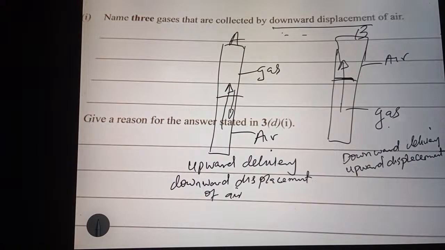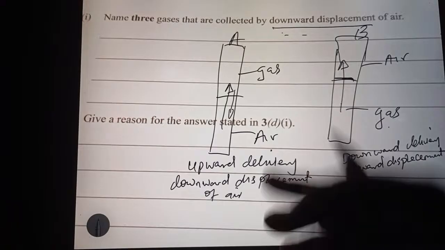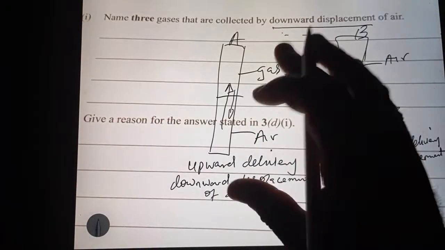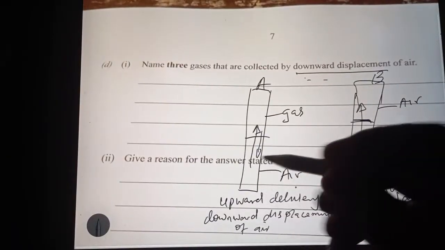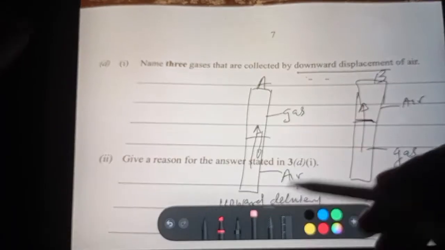Examples: hydrogen gas, ammonia gas, methane. These gases that are lighter than air are collected by downward displacement of air, which is the same thing as upward delivery of gas. Okay, so let's now tackle the question.